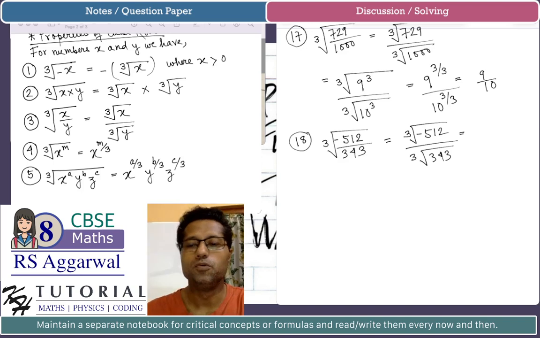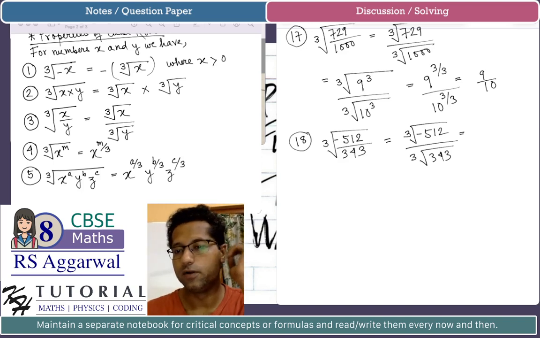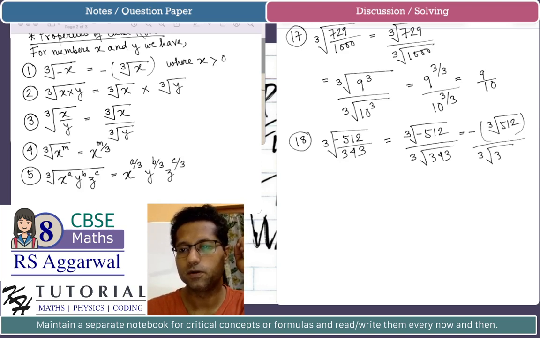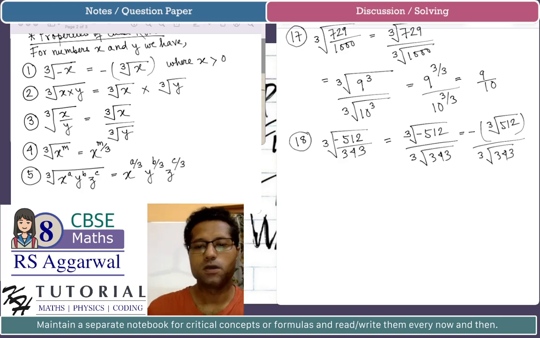So this is cube root of minus 512. We can write it as a negative of cube root of 512, and divided by cube root of 343.